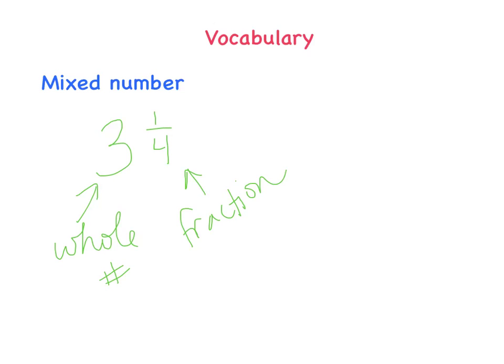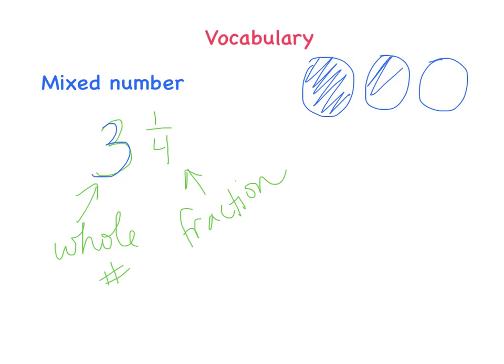Okay. So to draw this one, the 3 represents 3 wholes. Okay, so I've got 3 wholes represented. Well, then I also have the fraction part, and I can't leave that out. The fraction part is 1/4.